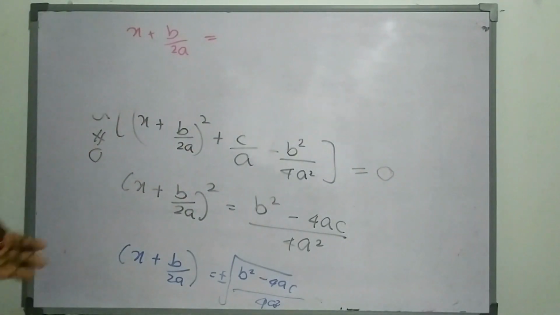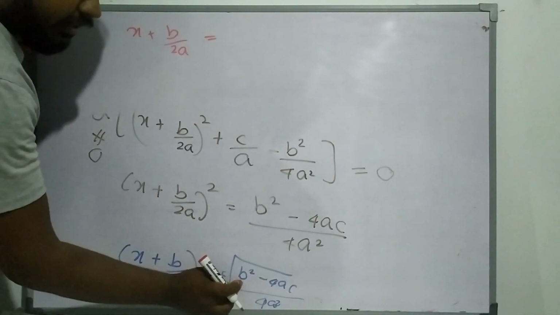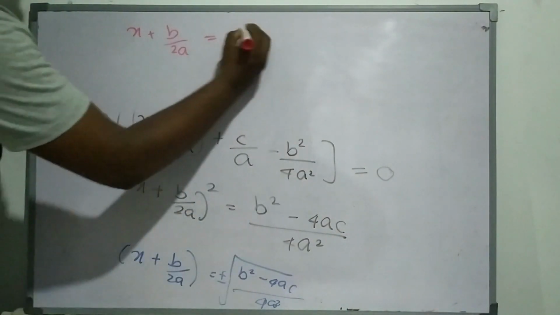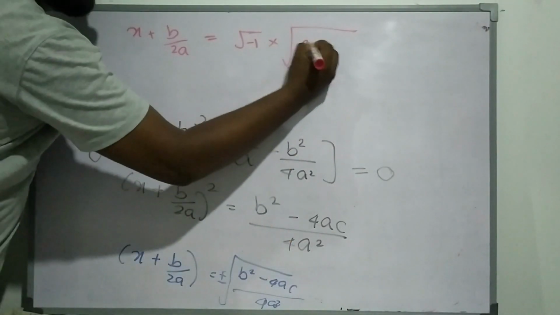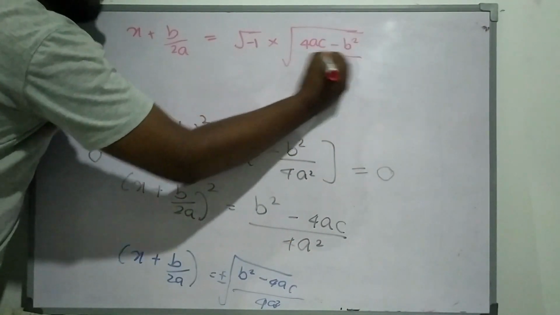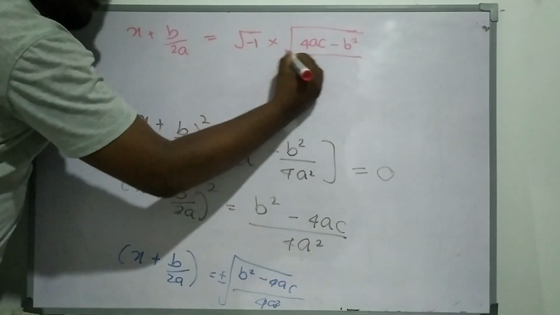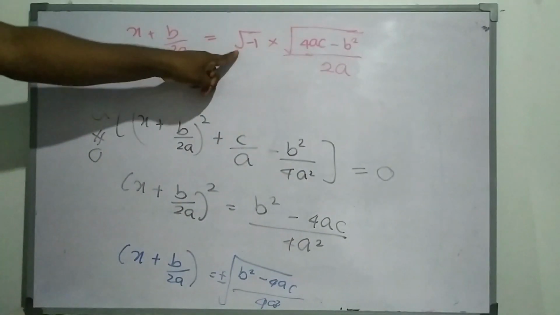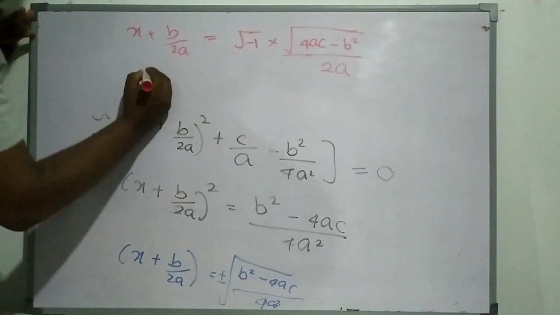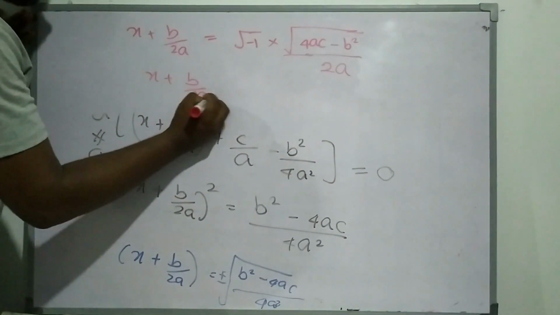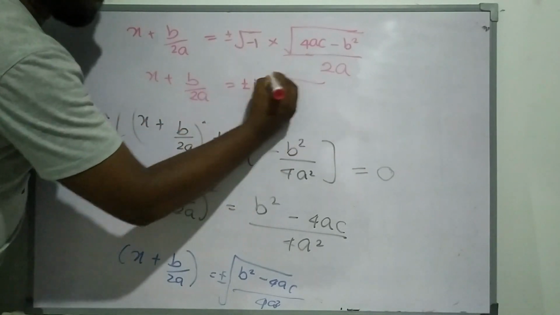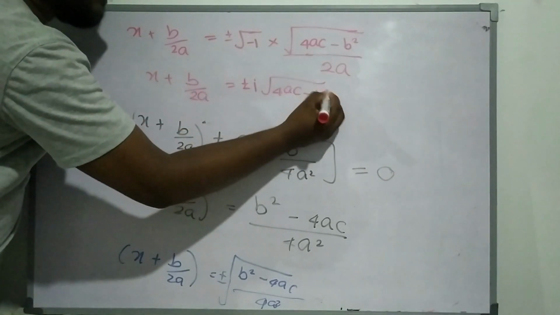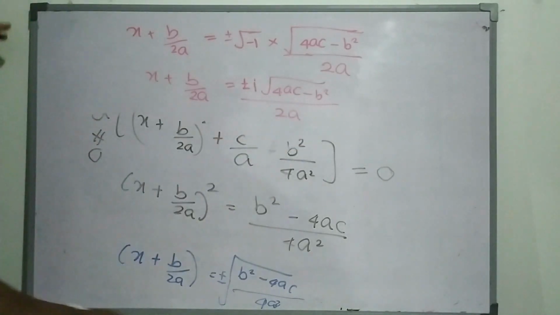So given the roots are complex, I am taking minus 1 out. Here it is 4ac minus b square over 2a. So minus 1 square root means i: x plus b over 2a equals plus or minus i times the square root of 4ac minus b square over 2a.